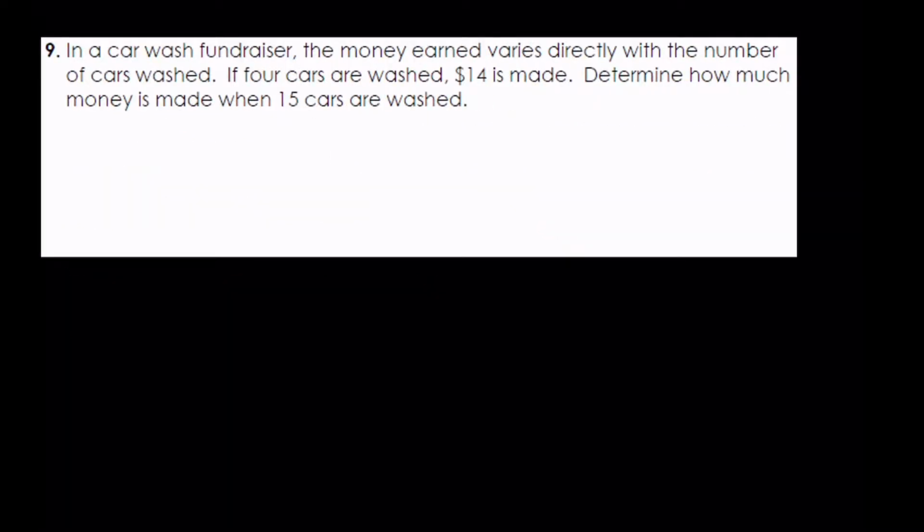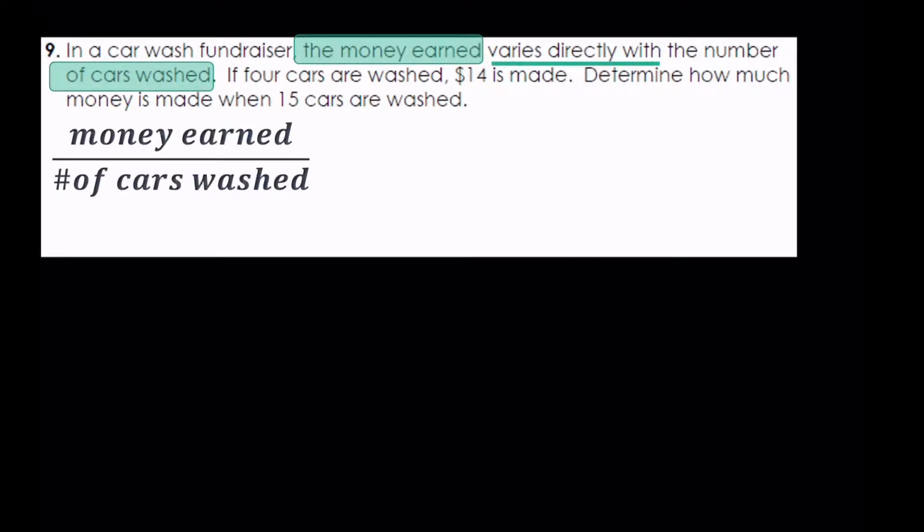Okay, let's try one more. In a car wash fundraiser, the money earned varies directly with the number of cars washed. If 4 cars are washed, $14 is made. How much money is made when 15 are washed? Well, it says money earned varies with number of cars washed. So money earned over number of cars washed.